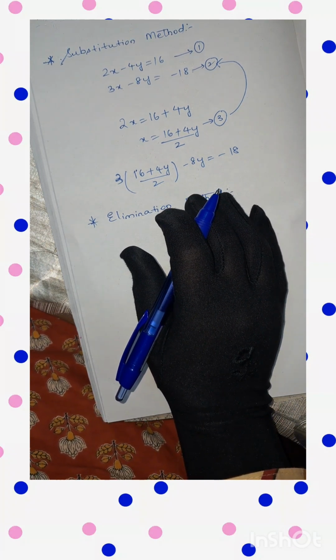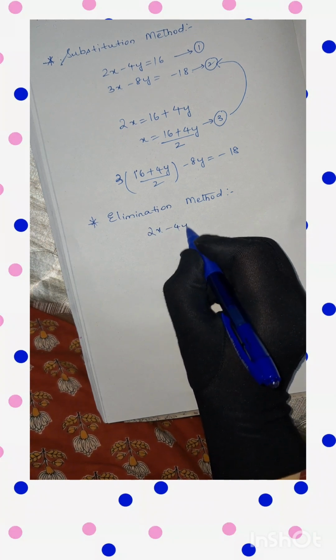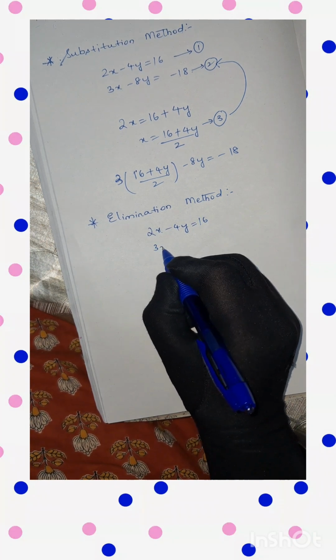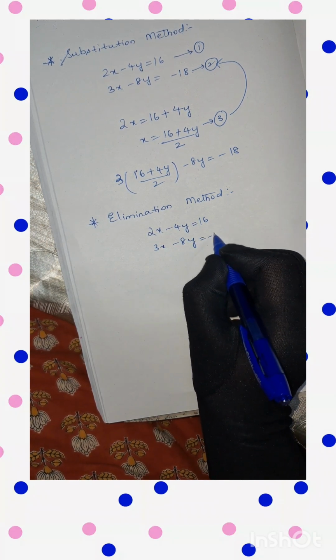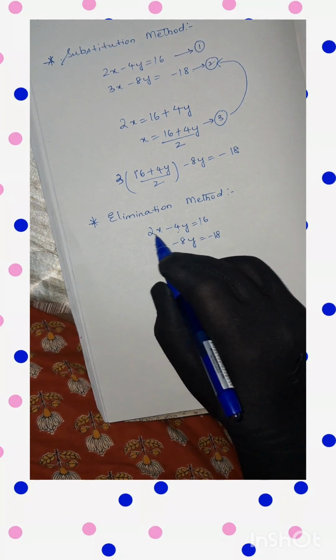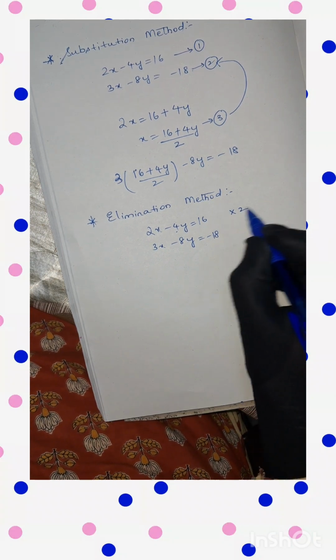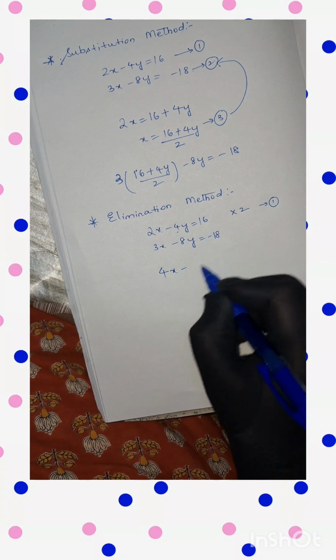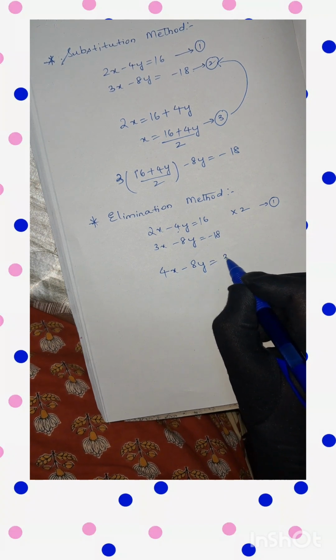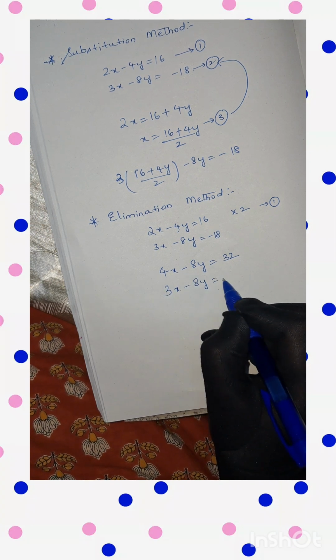For example, take the same 2x minus 4y is equal to 16 and 3x minus 8y is equal to minus 18. I will try to eliminate one variable. If I multiply the second equation by 2, I can cancel y. Wait, multiplying the first equation by 2: 2 twos are 4x minus 2 fours are 8y is equal to 2 sixteens are 32. The second equation is the same, 3x minus 8y is equal to minus 18.